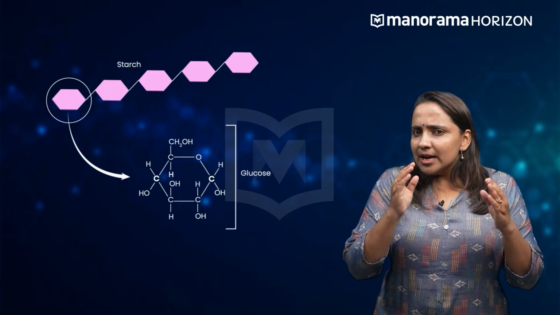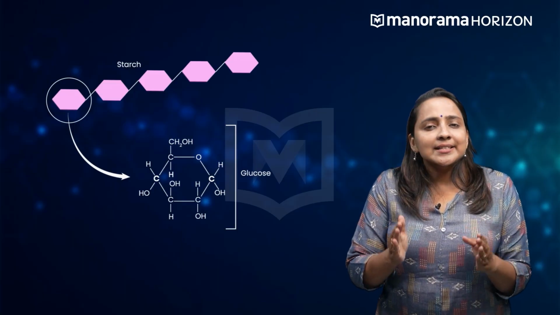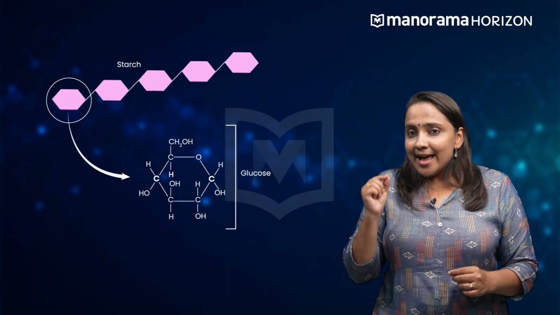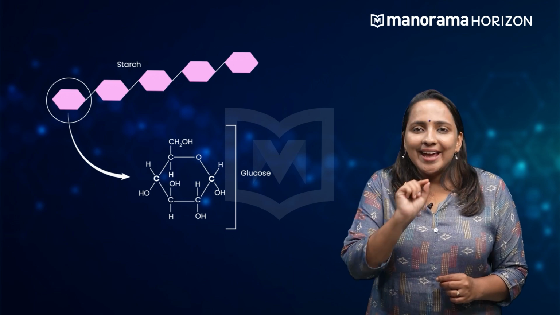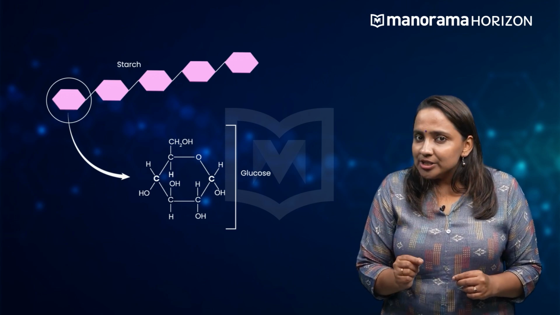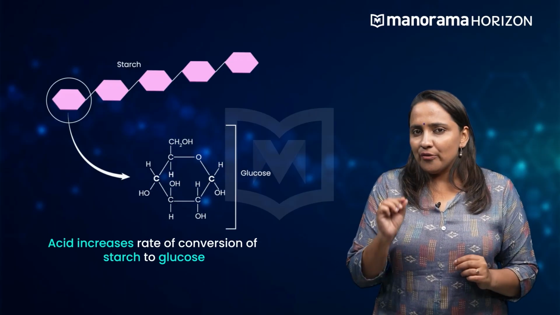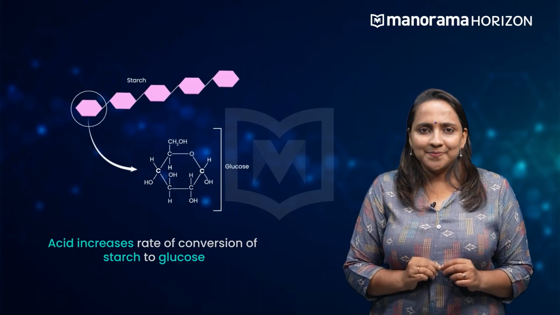This experiment clearly showed that acid had facilitated the reaction. Interestingly, acid did not undergo any change. The function of acid was just to increase the rate of conversion of starch to glucose.